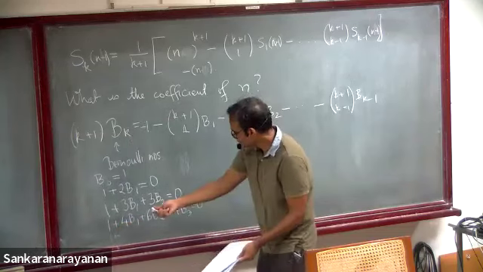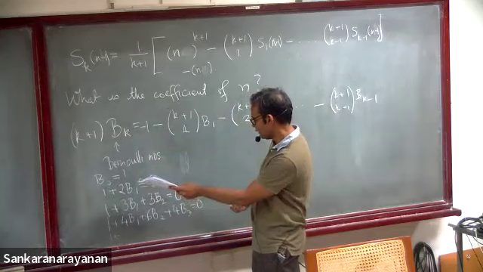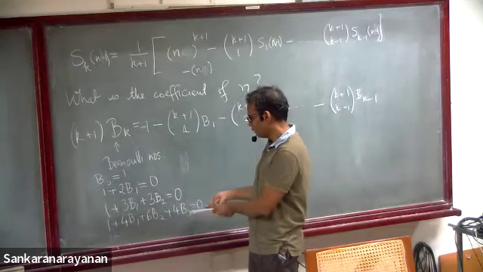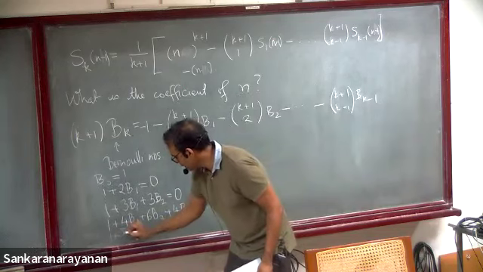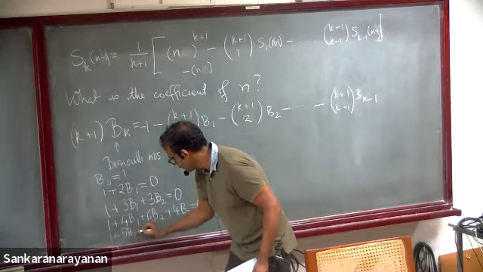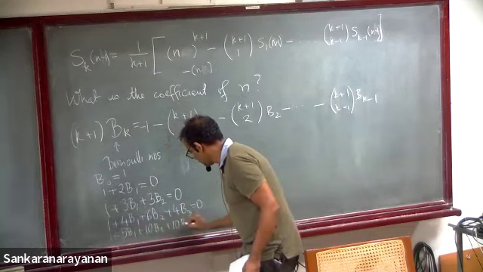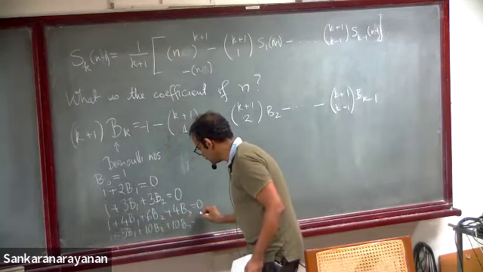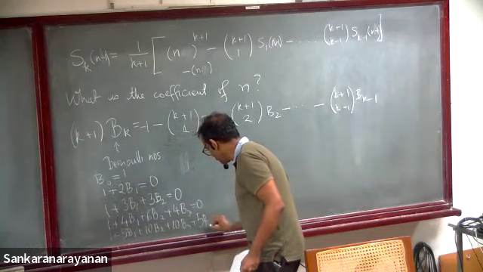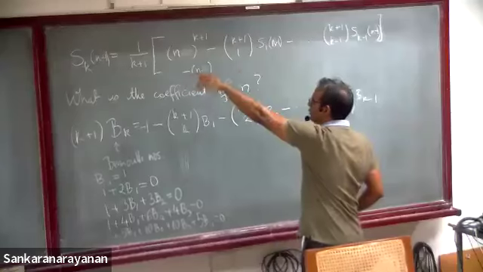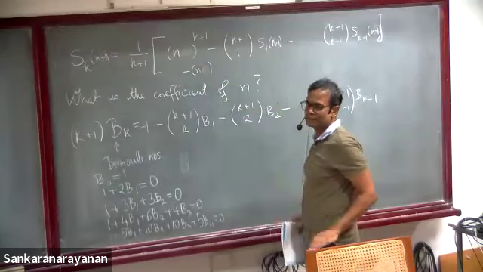These are just binomial coefficients. You just leave out the last term, which would be 1 plus 5b4 is 0.